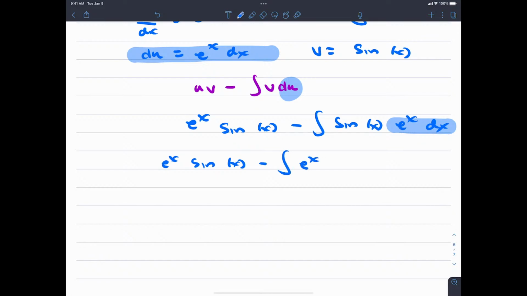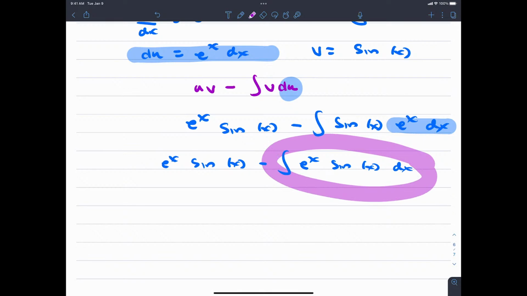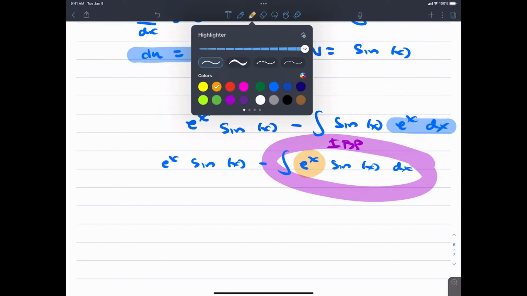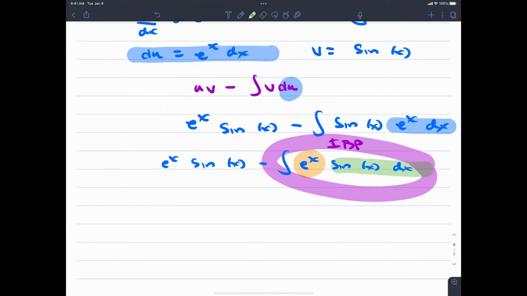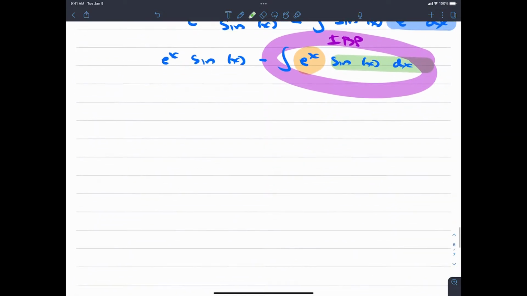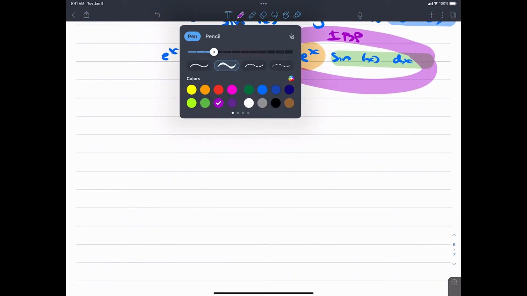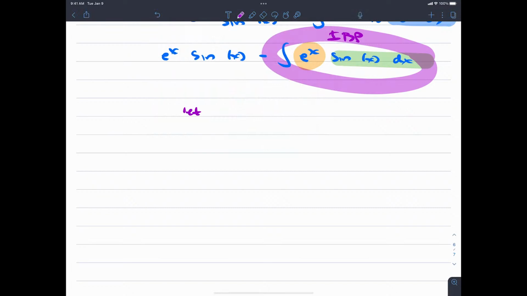We have another integration by parts question to do. So people went with it again. Here's my u, and here's the whole thing going to be my dv. So people did integration by parts again because we already knew sometimes you have to do it twice.